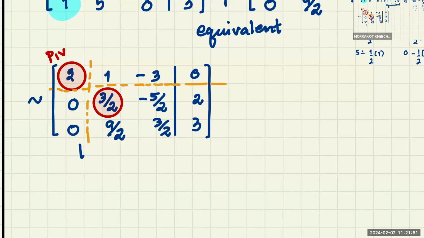And then we want to make this element equal to 0.